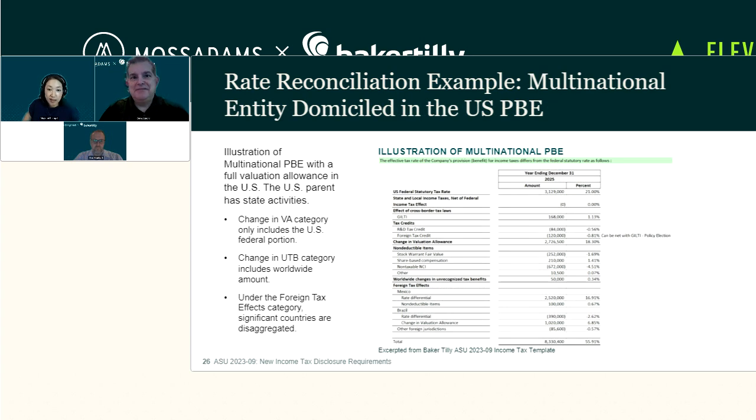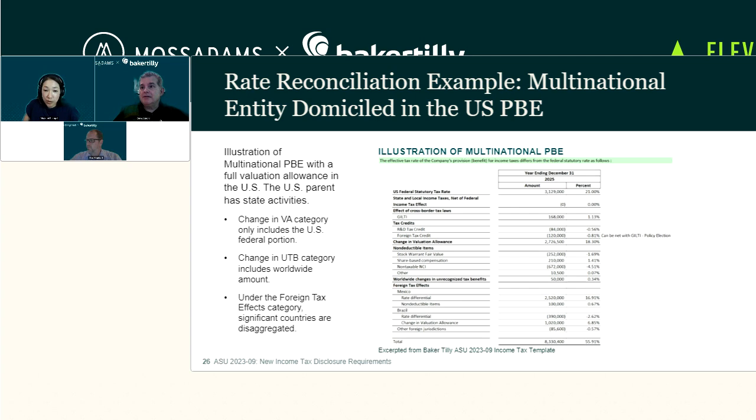Yes. So this is a multinational entity example. What we wanted to illustrate here is, again, additional categories coming through. As Tim mentioned, you would see the effective cross-border tax item, and then foreign tax credit associated with it. In this example, we're showing gross, but you have an option to net these items together. And then the valuation allowance here is associated with the domestic federal.